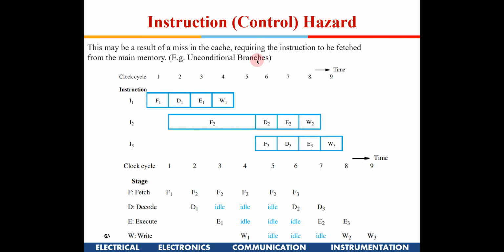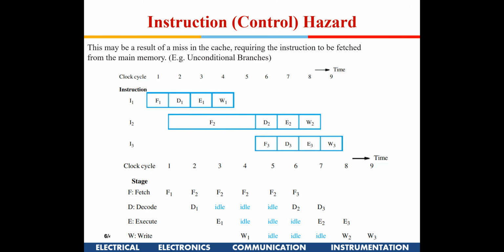It could be a far jump also, right? So suppose you are doing an instruction and then after that particular instruction, there is an unconditional jump. It says, okay, next jump to such and such memory location. Now the program has to start from that.